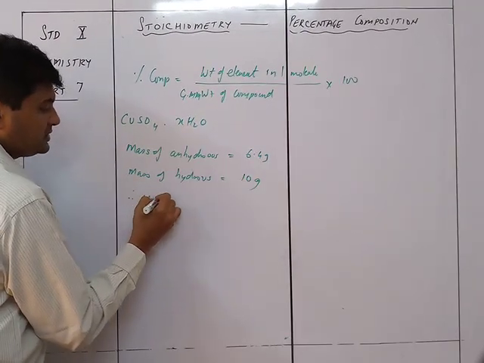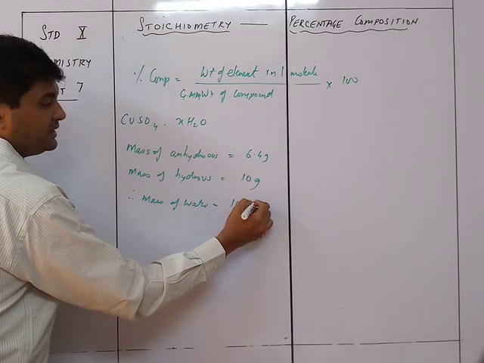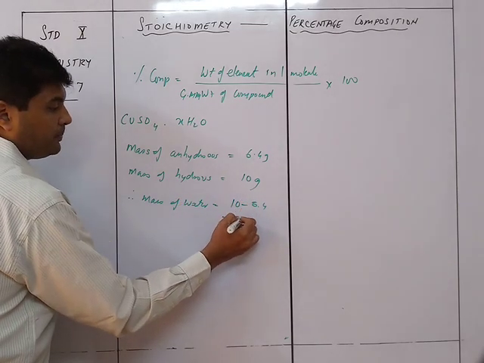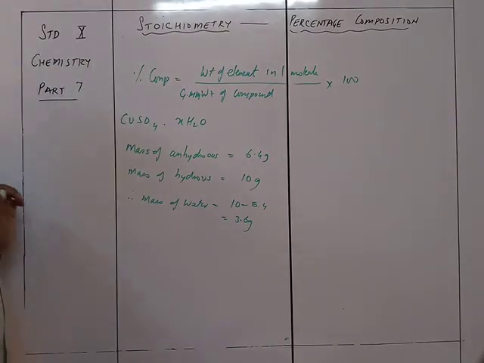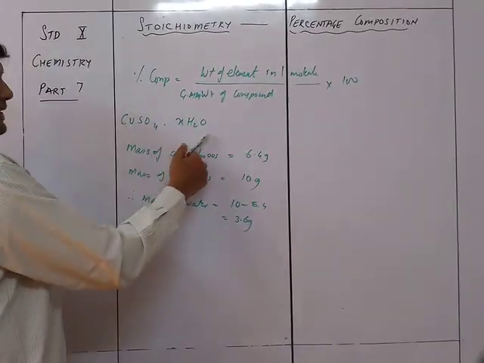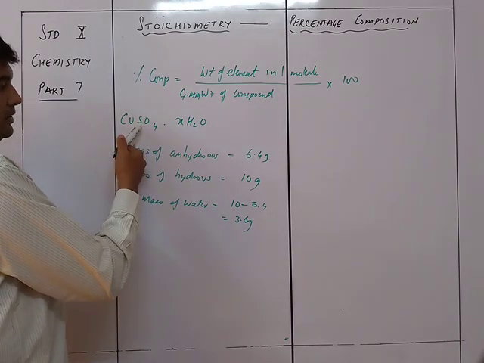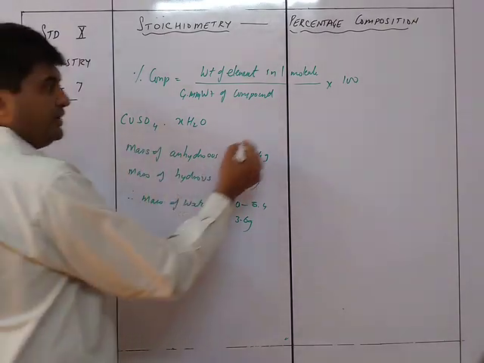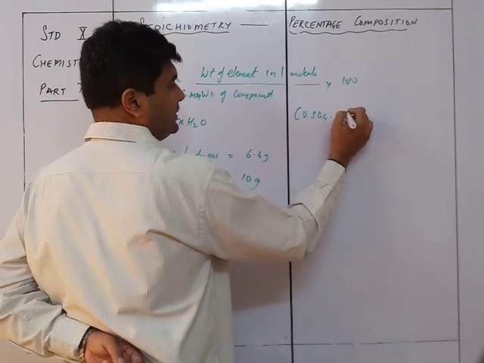Therefore mass of water is equal to 10 minus 6.4, which is 3.6 grams. So let's find out the GMM first. We know CuSO4.XH2O.